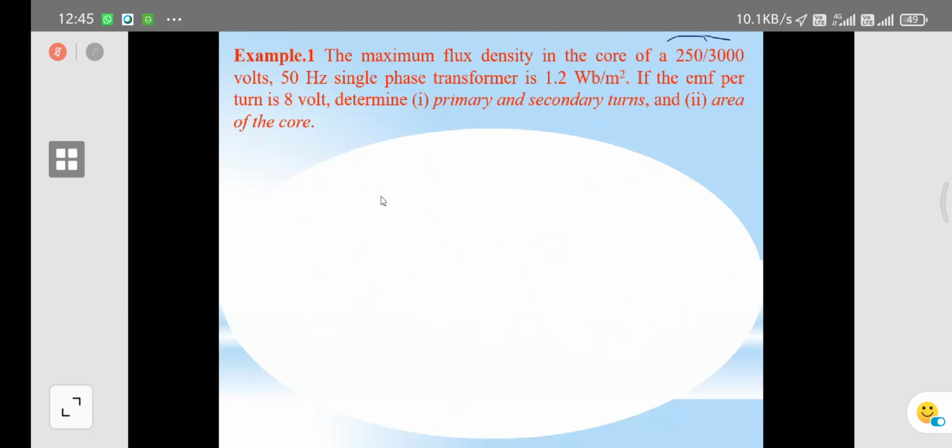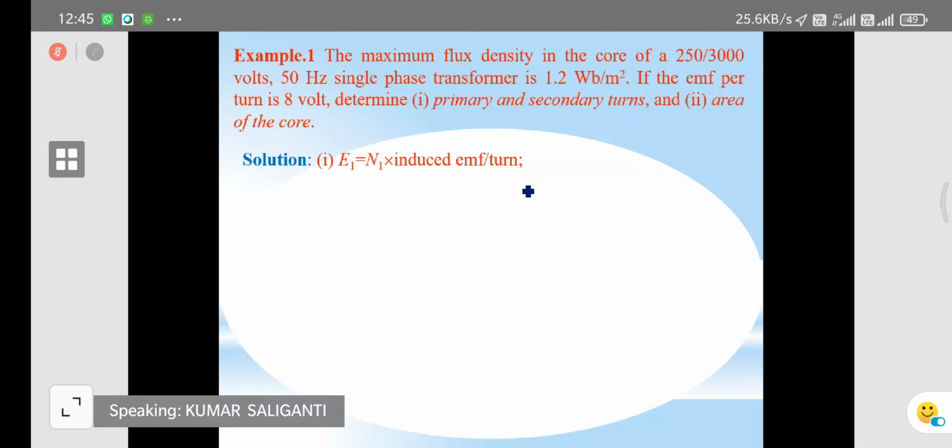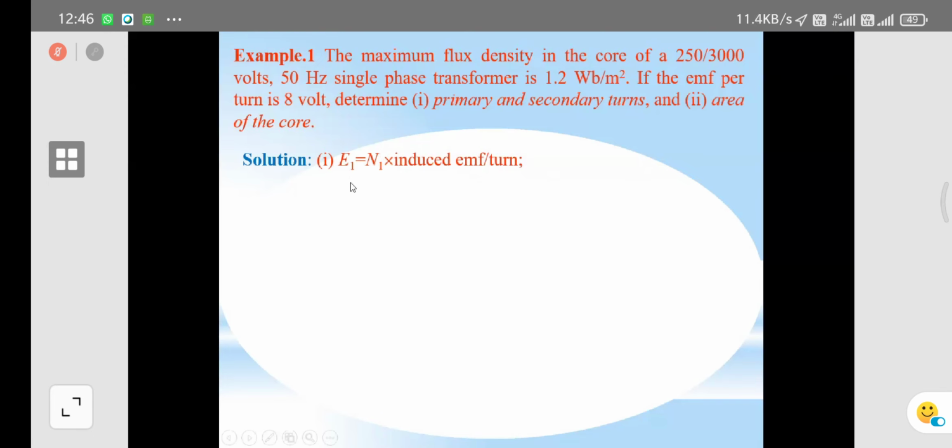So first of all, E1 equals N1 into induced EM per turn. Already we have discussed this derivation.